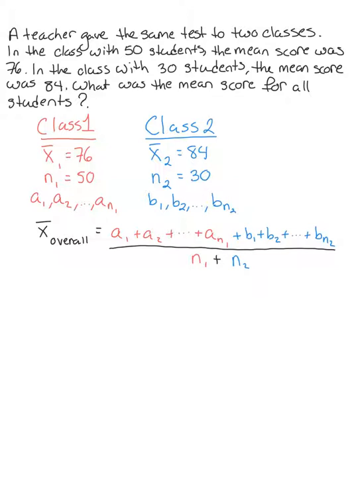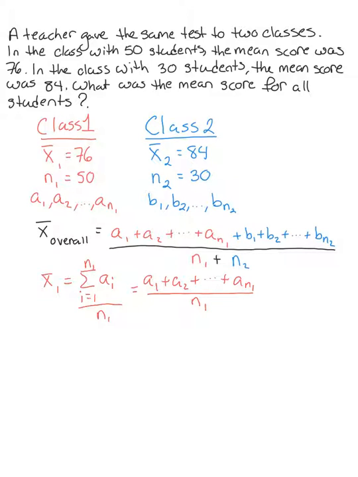What we are given is the mean, and the mean value is equal to the sum of the Ai values from i equals 1 to N1, divided by N1. So this is equal to A1 plus A2 plus dot dot dot up to AN1, all divided by N1.